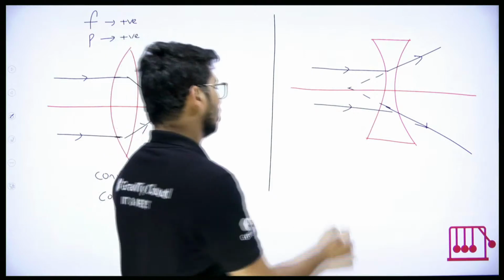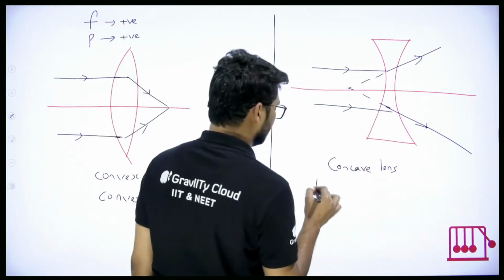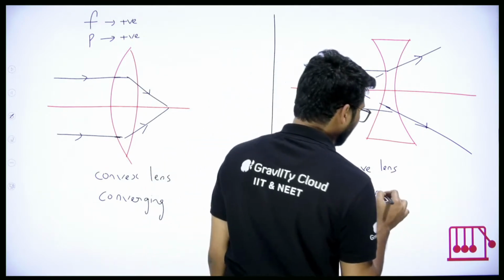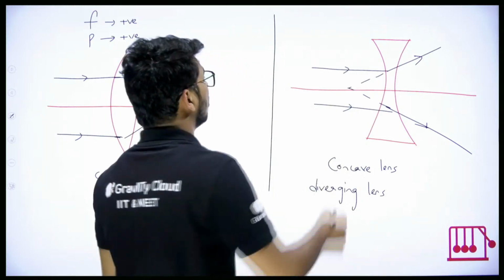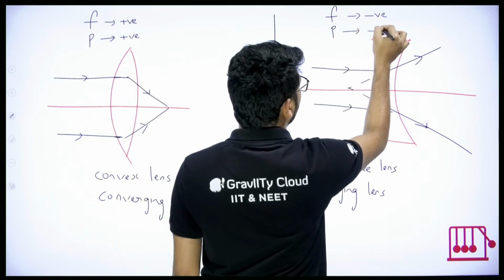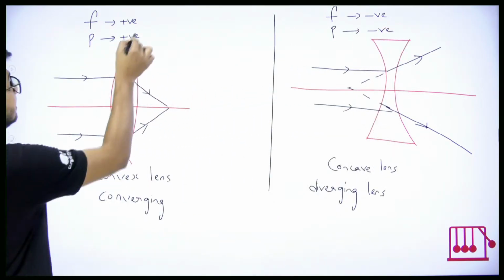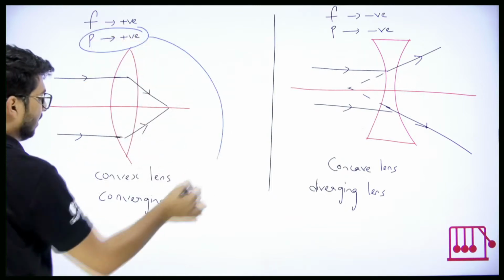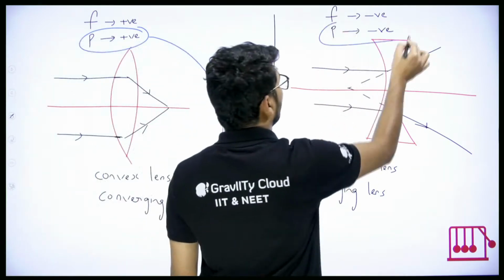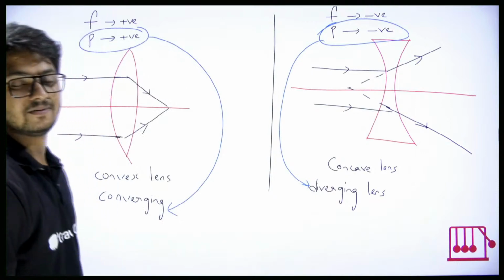So here the concave lens is a diverging lens. And what about the focal length? The focal length is negative. And the power will be negative. So what does that mean? Whenever we have positive power, it means a converging lens, and whenever we have negative power, it means a diverging lens.